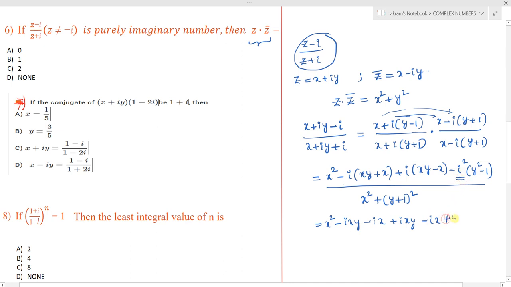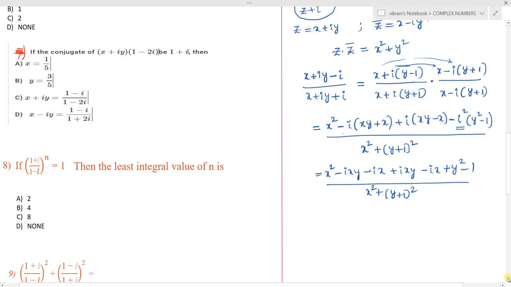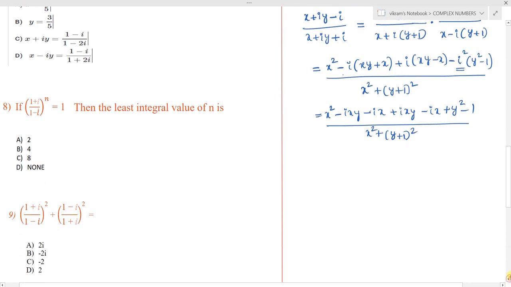Then we can write this as (y square minus 1) by (x square plus (y plus 1) whole square). So this total resultant is (z minus i) by (z plus i) that we are simplifying, and plus iota xy and minus iota xy will cancel out.